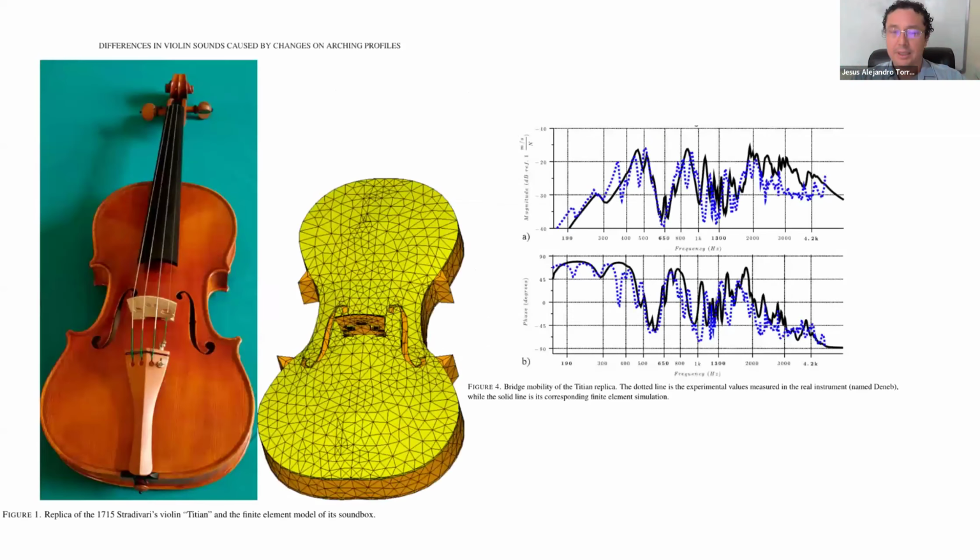So in this paper, we take the finite element model of the JASA paper of 2020, and we updated it in several ways. But we are not simulating now the Stradivari violin, the Titian. We are simulating now this violin.